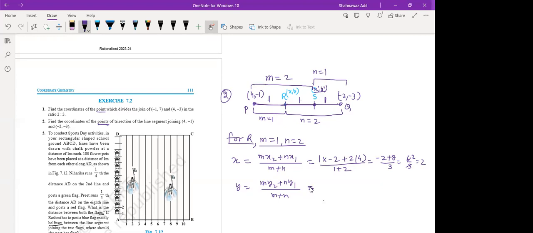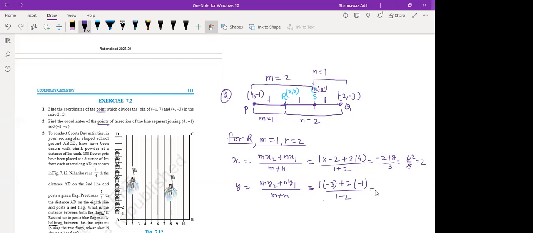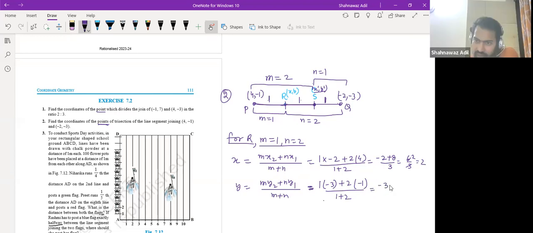I got -3. Minus 3. Okay, so we have m, which is 1 into minus 3, and this is 2 into minus 1, divided by 1 plus 2. So minus 3 and then minus 2, right? Then this is 3. So this is minus 5 by 3.